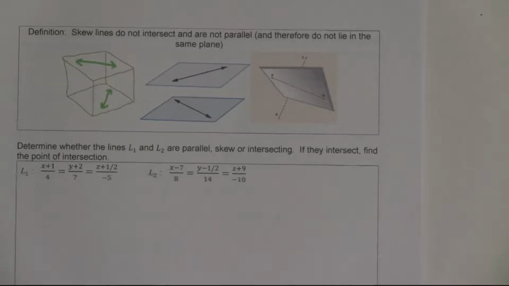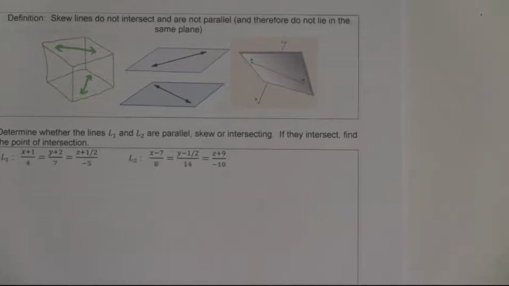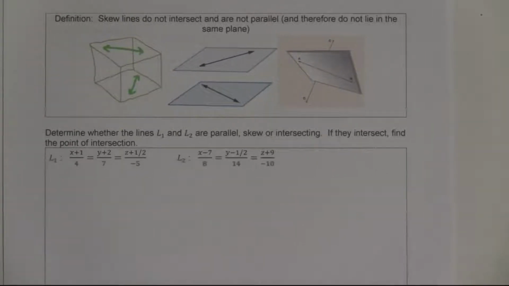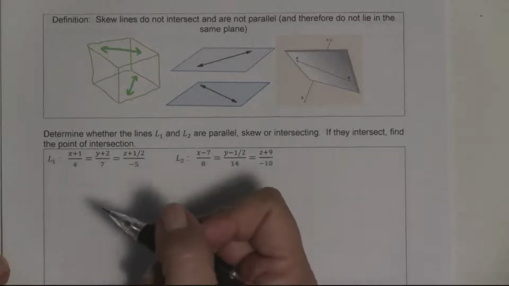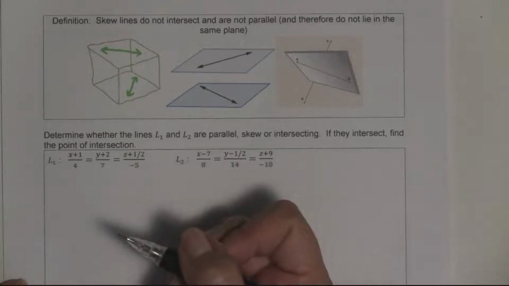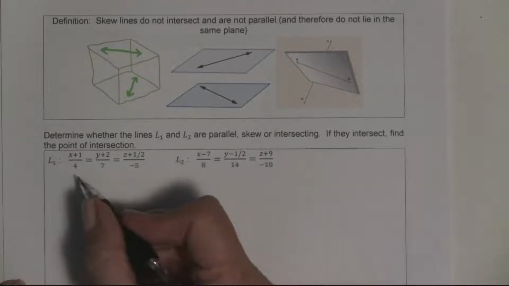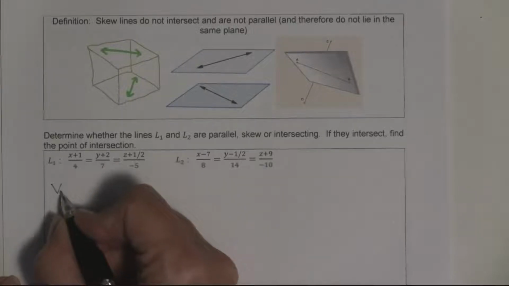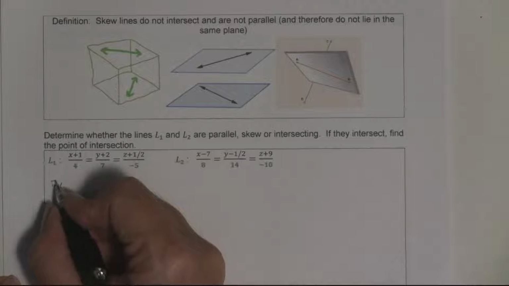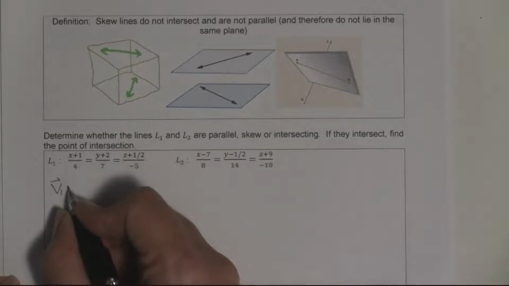And I hope that you're remembering, when things are parallel, that they are scalar multiples of one another. So if I want to come up with a direction vector, remember we call the direction vector V. And so for line 1, that's going to be V1.